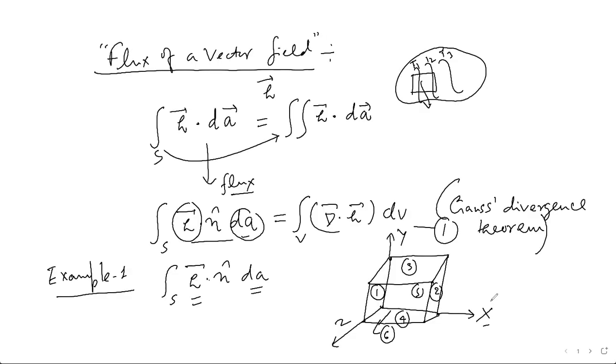So if you want to calculate through, for example, this surface, let's say surface 1, what will be the contribution from surface 1? You remember what the contribution from surface 1 was?